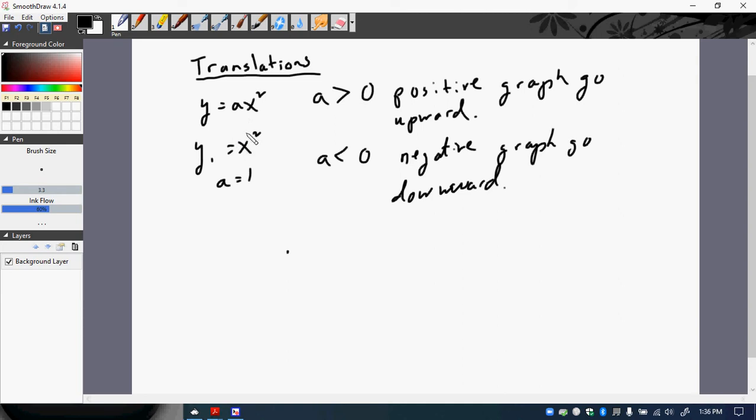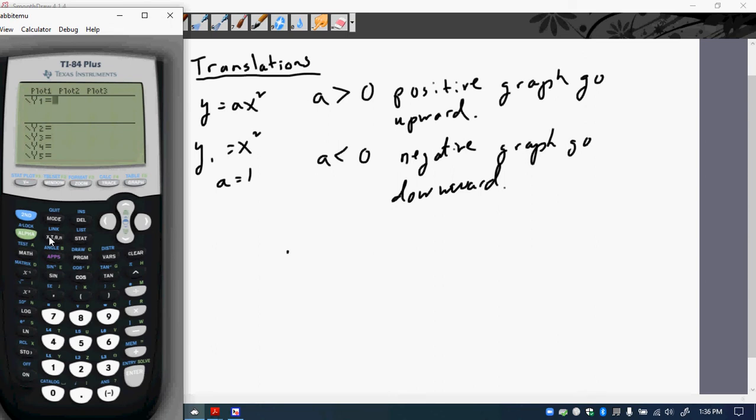We replaced it with a 1. So I type in x to the power of 2 and do zoom 6, and this is what it standardly looks like.